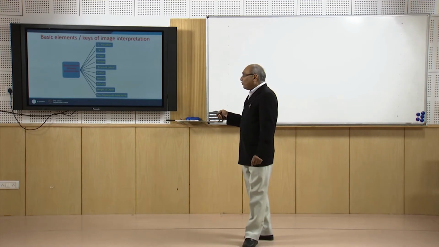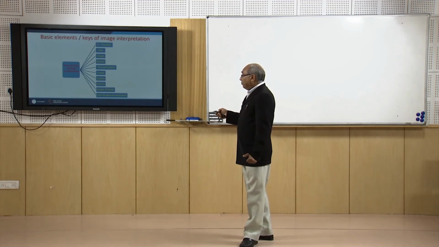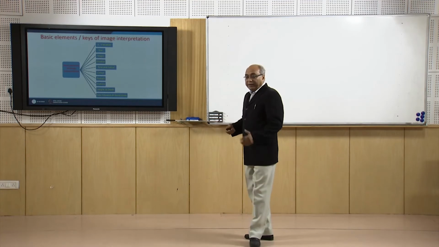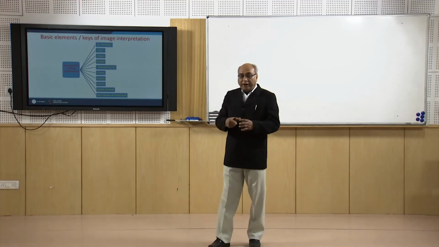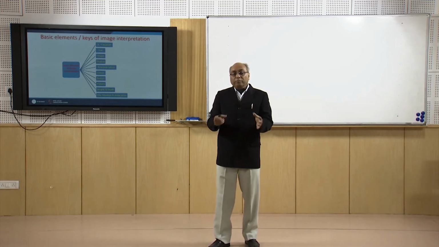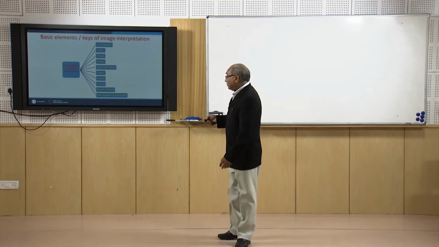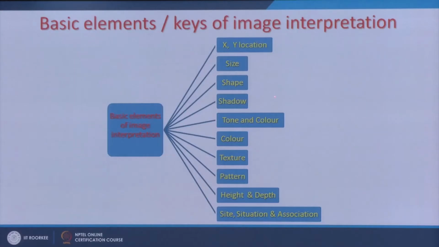Then the size of an object helps us make an interpretation about the object which is present. Then the shape of the object: for built up areas, generally you will find them either square or rectangular. You may not find many built up areas which are circular or have other shapes. So it becomes easier to understand objects present on the earth with their shape.